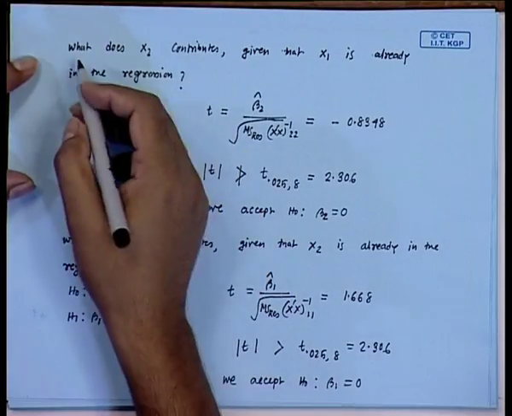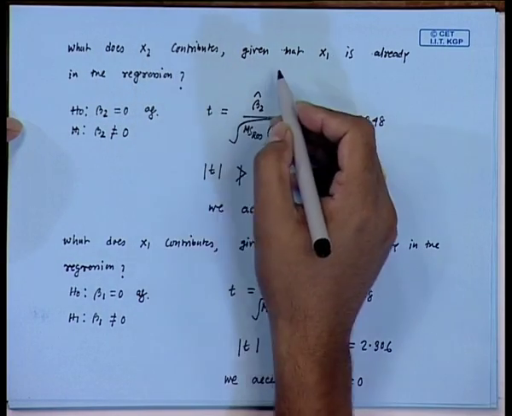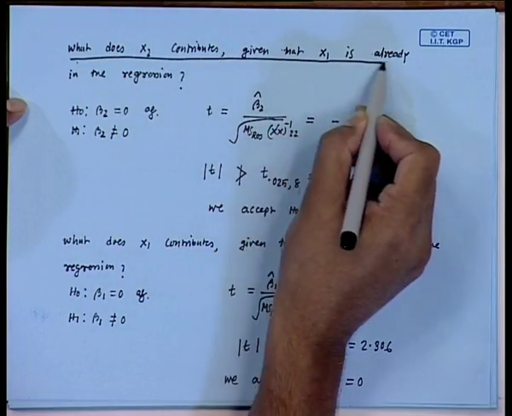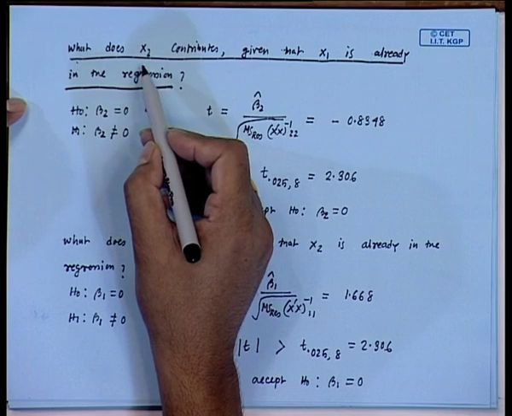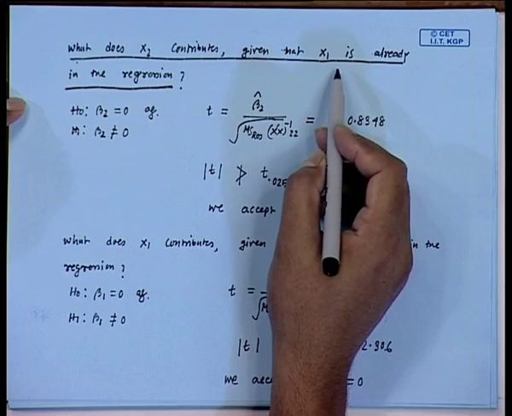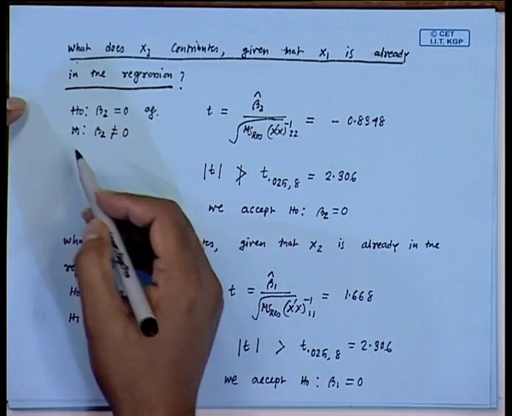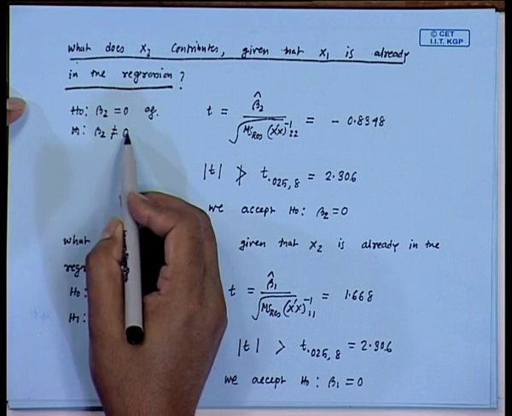So, here is my partial F test. The first question is, what does x 2 contribute given that x 1 is already in the regression? Whether the contribution of x 2 in the presence of x 1 is significant can be tested by testing the hypothesis that beta 2 equal to 0 against beta 2 not equal to 0.